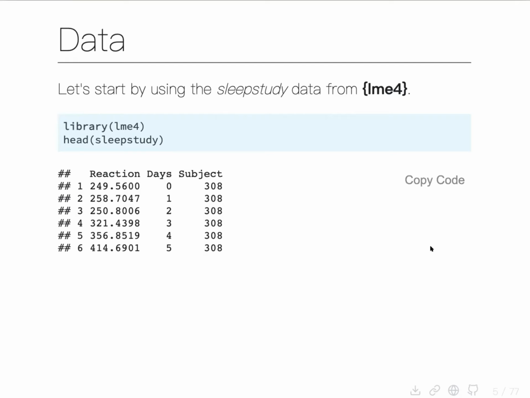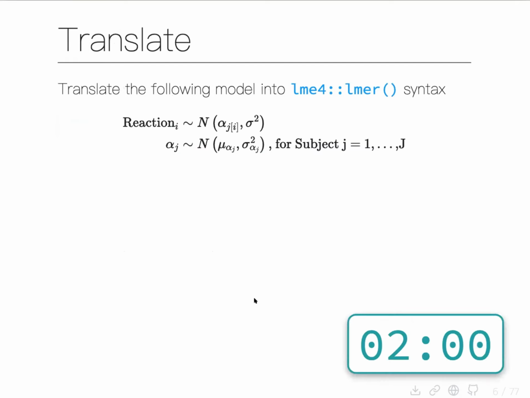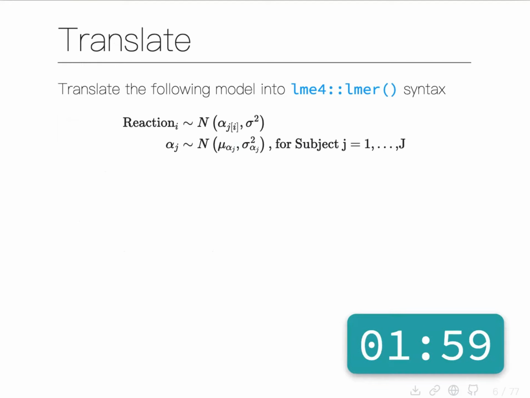Okay, hopefully you have that done. And now we're going to do this. Okay, so here's a model where we have reaction time, and it's modeled by these things, and then you've got subject here. Okay, so I'll give you 2 minutes. Go ahead and see if you can try to fit a model that is equivalent to that.